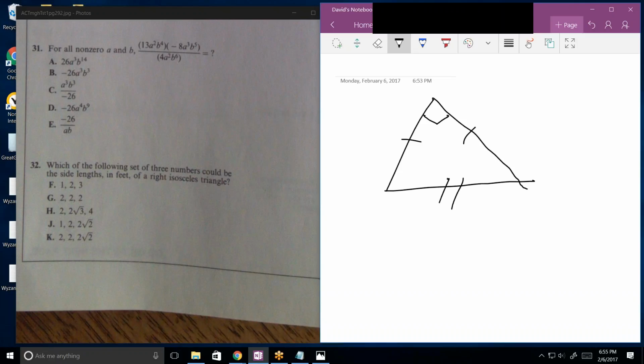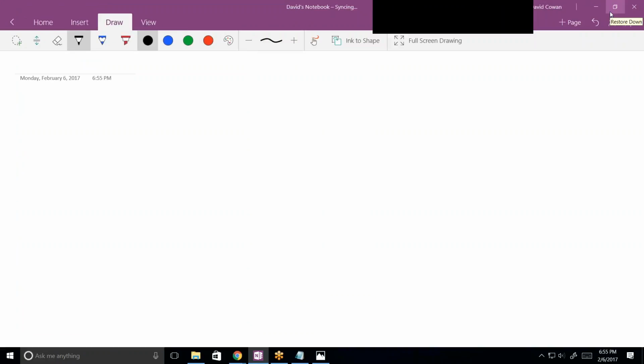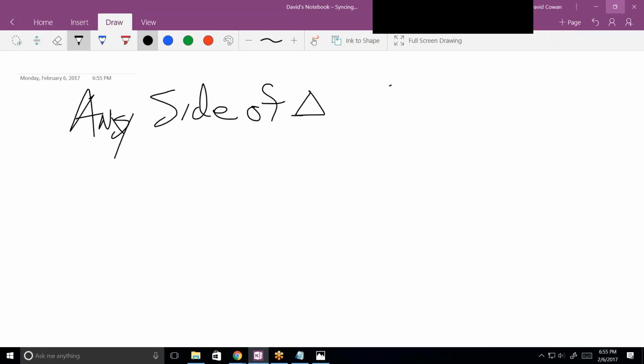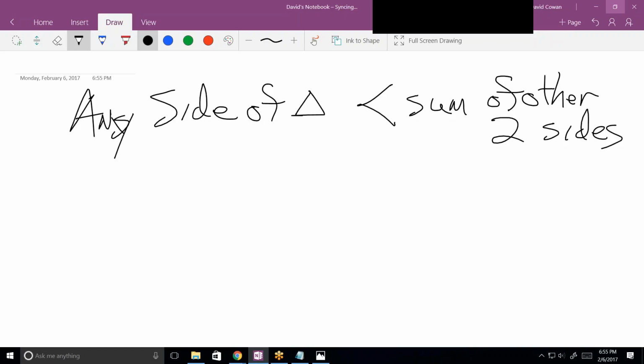Oh, okay. And let's just talk about another principle for triangles. There's one rule that doesn't get talked about enough in geometry. That is, any side of a triangle has to be less than the sum of the other two sides and greater than the difference of the other two.